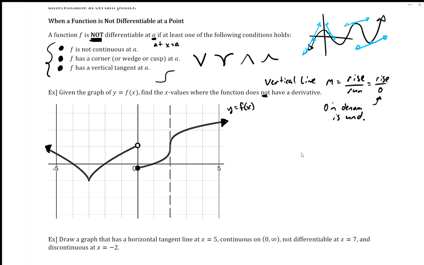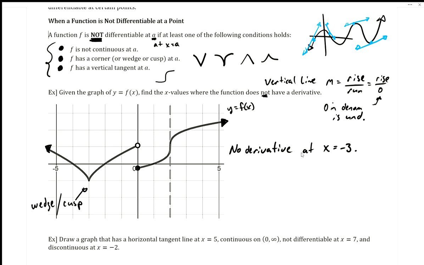All right, so here we go. Here we've got a cusp or a wedge. Let's say wedge or cusp. And then we just need to know the x value. So I'm going to say no derivative at x equals -3. There's no derivative there.